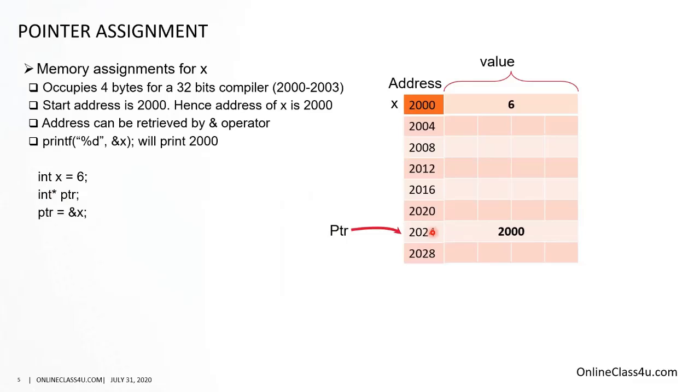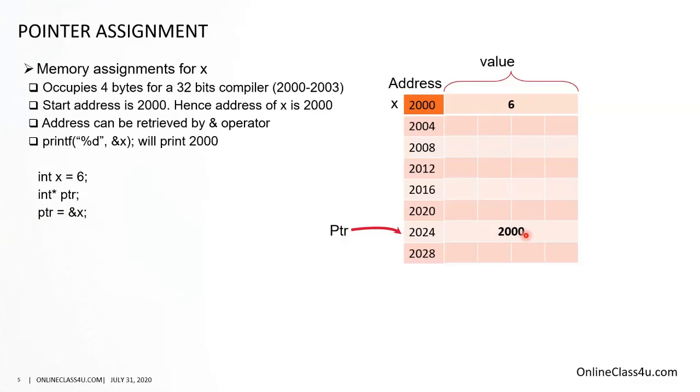Now you need to link this pointer to the variable x. How? ptr equal to ampersand of x. What does that mean actually? Ampersand we already know. Ampersand of x means address of x, which is basically 2000. So 2000 is placed in the pointer value.